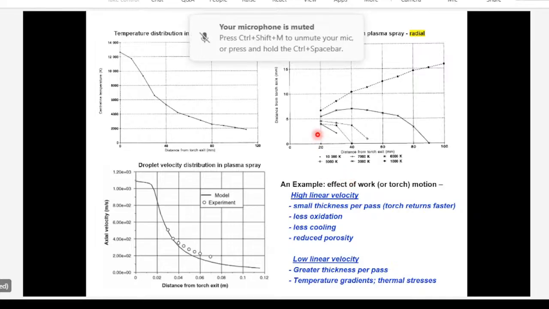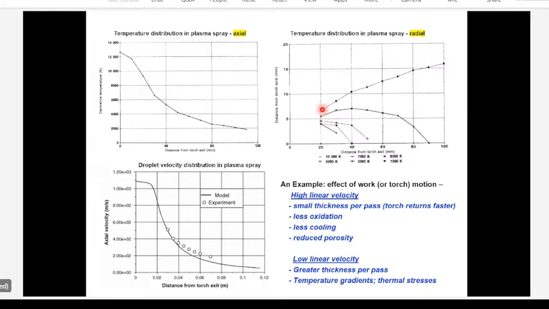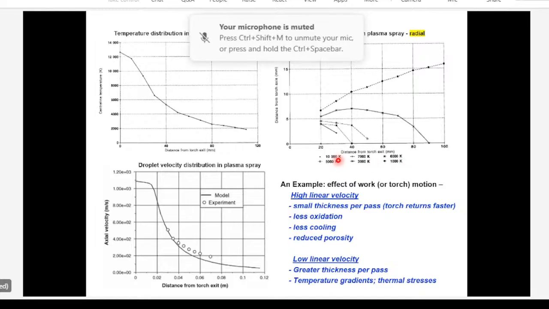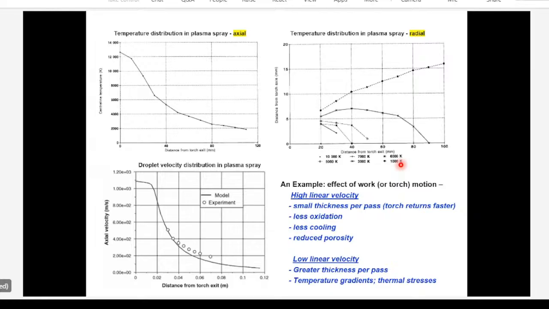You can see that if you go from this point to this one here, this is the maximum temperature range change. So maybe over 4 millimeters, the temperature might have dropped from 10,000 degrees to about 1,000 degrees. In other words, when you have a spray cone of molten droplets, the outer droplets might solidify rapidly during the spray process.